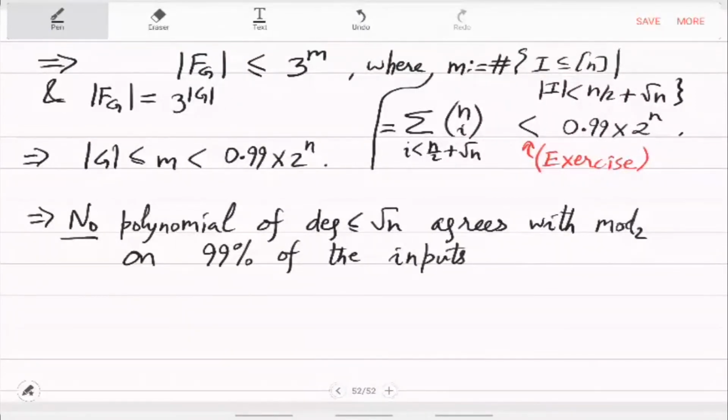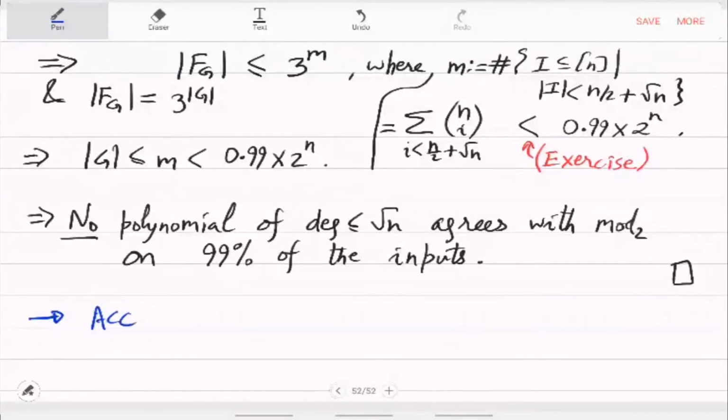So this finishes, this tells you that mod parity has high degree approximators, and the first lemma told you that ACC 0 has low degree approximators.